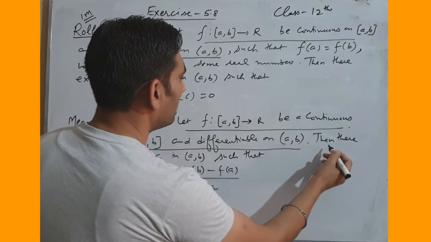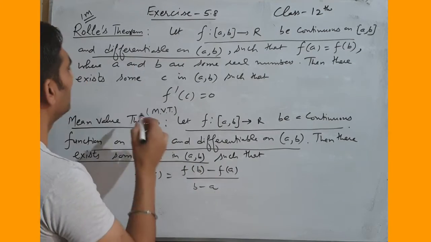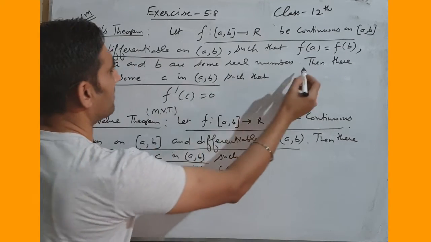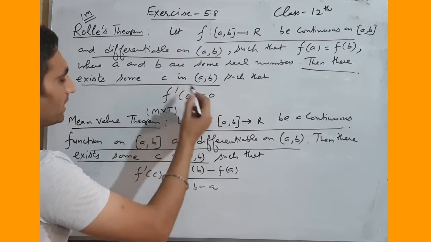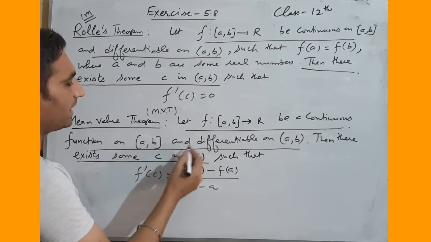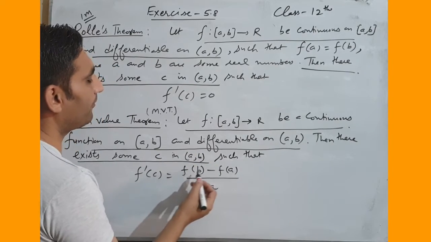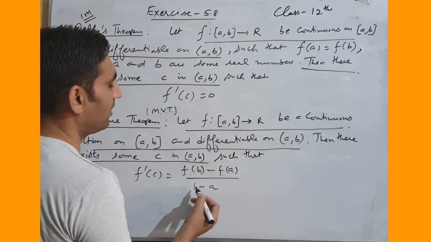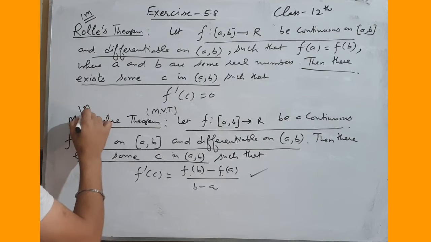They are writing here that there exists some c in the interval (a, b), such that the derivative of the function at that point c will be equal to (f(b) minus f(a)) upon (b minus a). So students, remember this is also important for 1 mark.